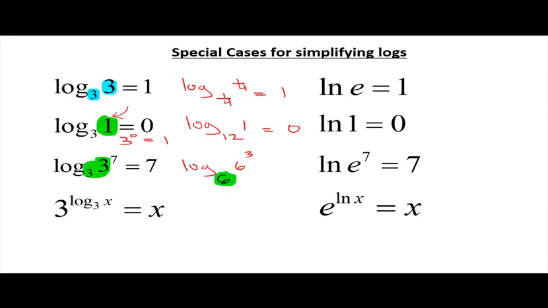If the base and this value here are the same, then the answer will be whatever the exponent is. In this case, it's 3. So these are special cases that you need to memorize, so that when you're simplifying or evaluating more complicated logs, they will help you. And I'll show you a few examples in a moment.